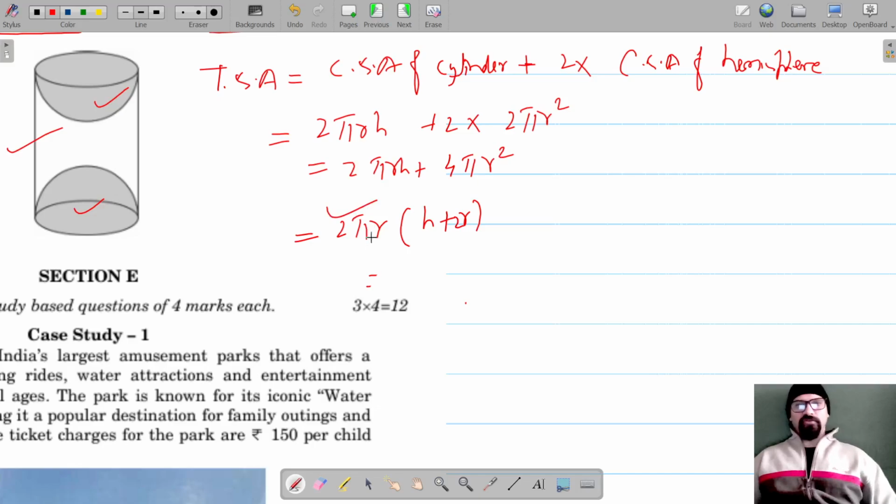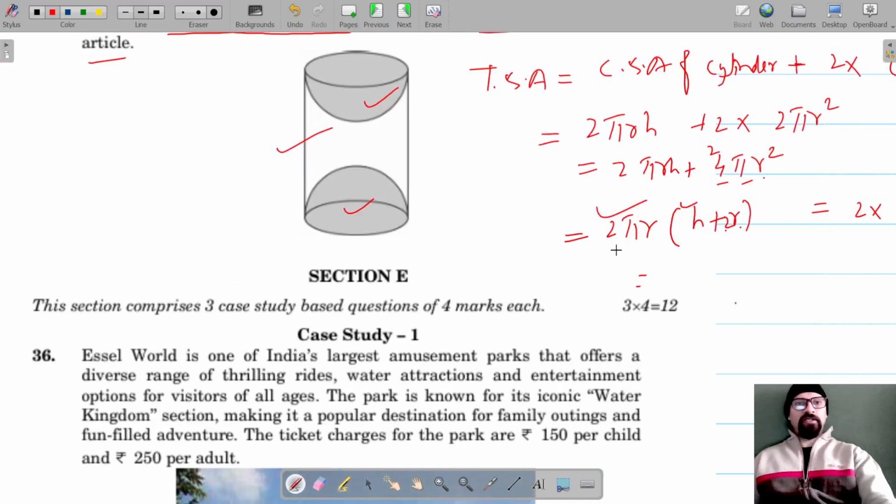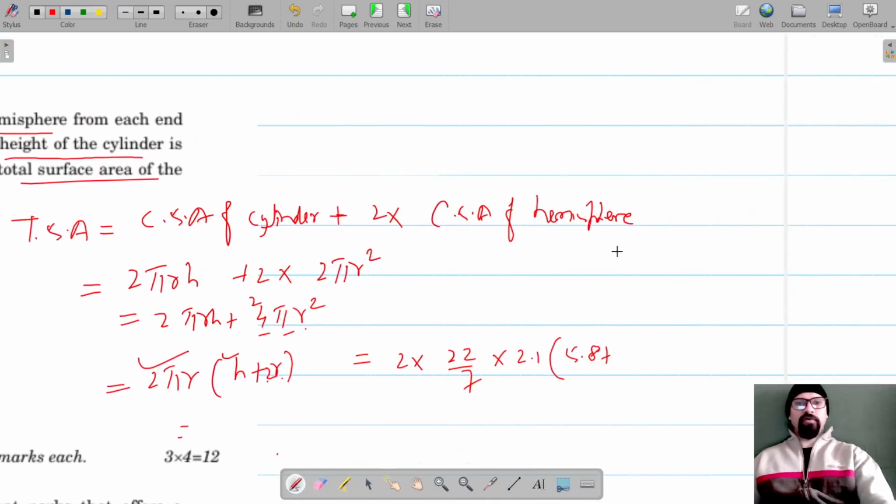So actually, if we take 2 pi r common, this is 2 pi r into h plus 2r. We are left with 2 here, pi is gone and one r is gone. So this is now 2 into 22 by 7 into radius 2.1, height is 5.8 and 2 times 2.1.